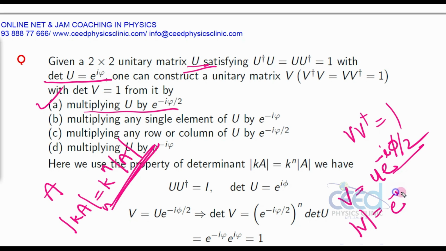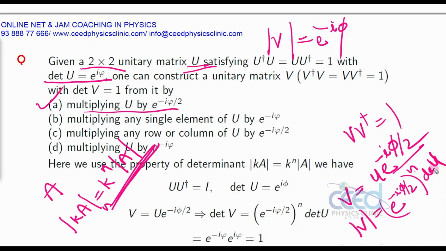So determinant V is e raised to minus i phi by 2, whole raised to n, times determinant U. Since it is given as a 2 by 2 matrix, I can take n as 2, then the 2 cancels. So this is e raised to minus i phi times determinant U.